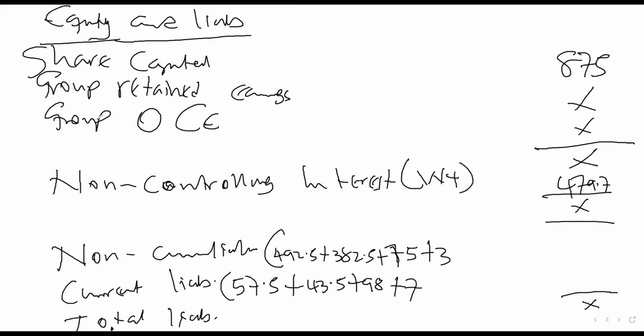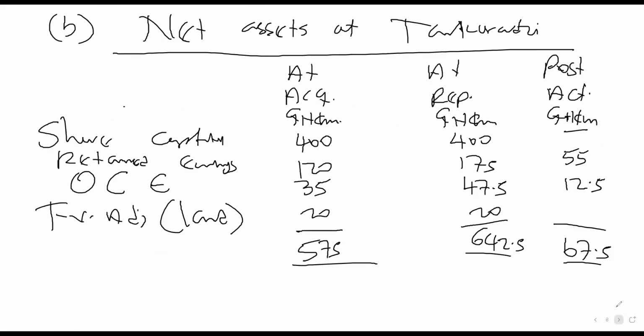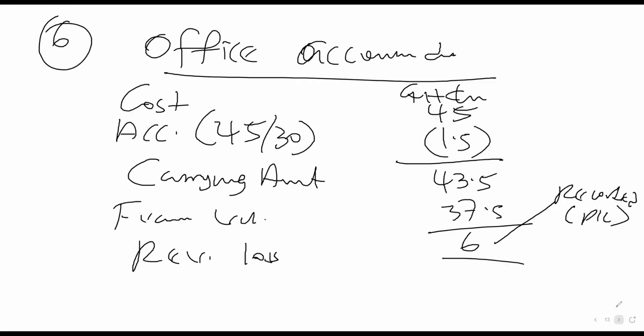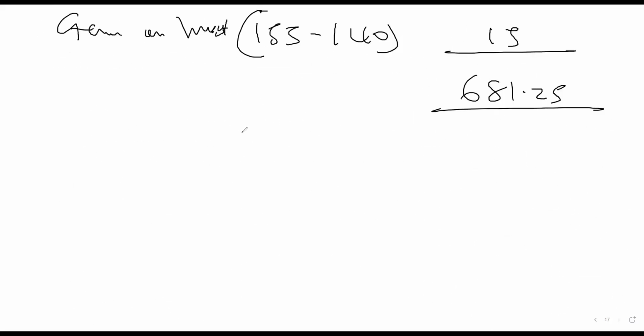OCI, group. I got two figures per the question. Then you balance it for me. 6. Come again, 6. 681.25. Let's go and do OCE. Workings number 8.